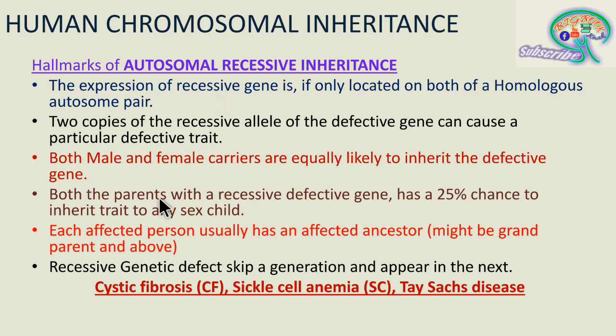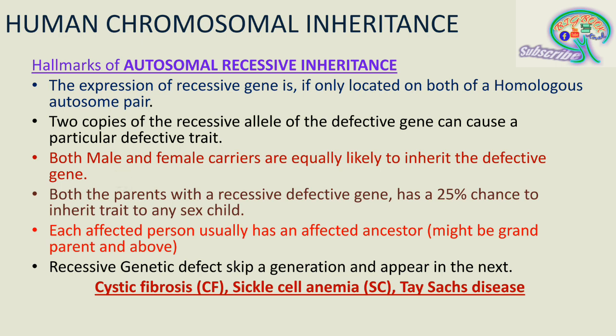So here there should be two copies of the recessive alleles of the defective gene to cause a particular defective trait. Both male and female carriers are equally likely to inherit the defective gene. Here also either the male or the female can inherit, but to express the trait, both the genes have to be inherited into an individual.